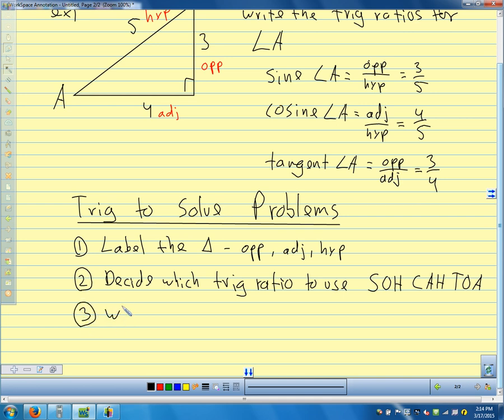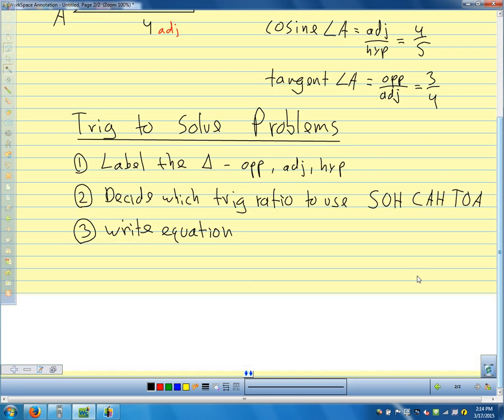Then we're going to write an equation. And our equation, depending on which ratio that we use, will always look like one of these three. The sine of the angle equals the opposite over hypotenuse, if that's the trig ratio we're using.